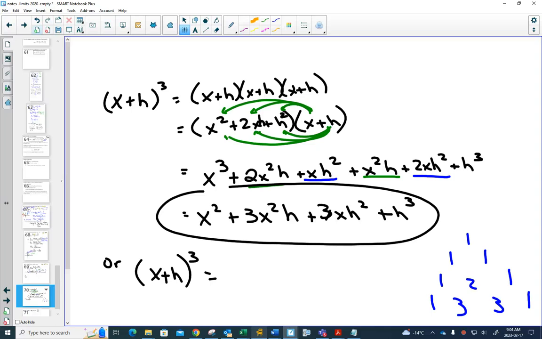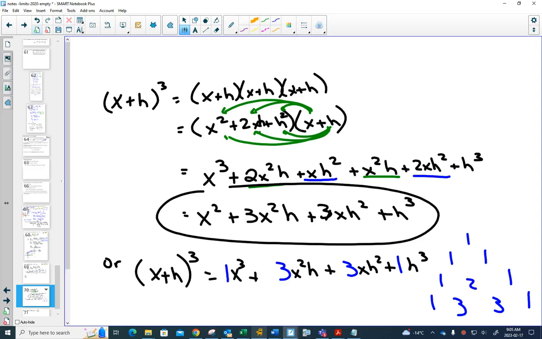The coefficients will be Pascal's triangle: 1, 3, 3, 1. Then you would start with x cubed, go down by 1 with your x's until there was none left. Start with 0 h's, then go up by 1. And you would get the same answer directly.